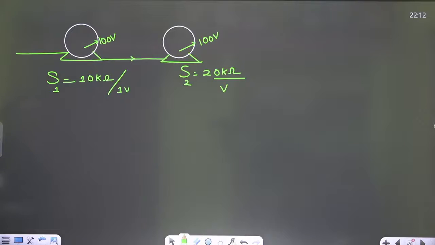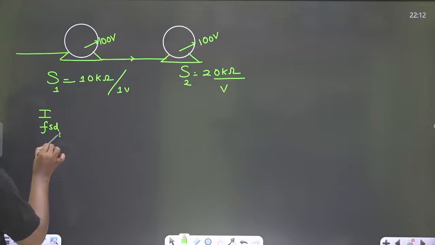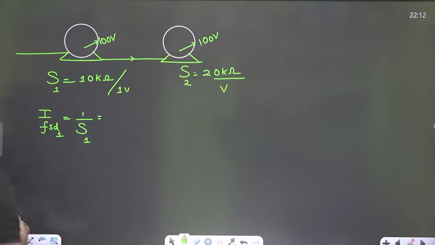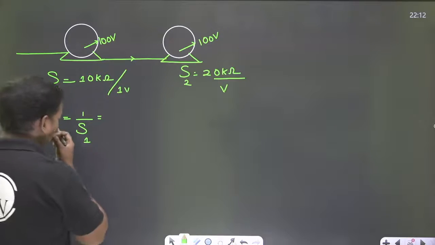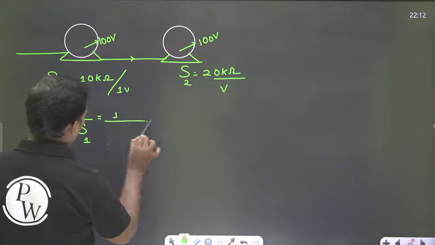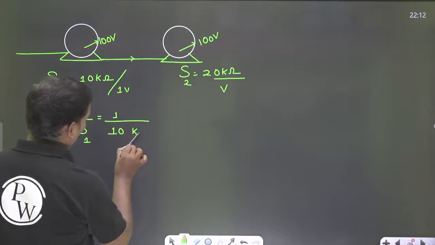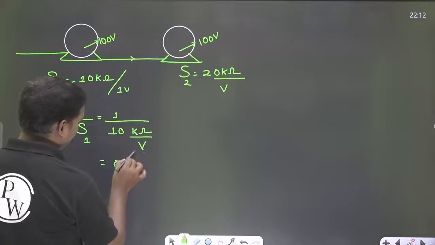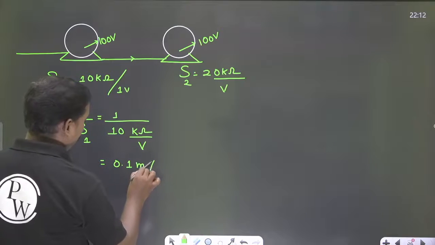Now the full scale deflection current for the first voltmeter is 1 by sensitivity. So that is 1 by 10 kilo ohms per volt. How much are you going to get? That means 0.1 milliampere.